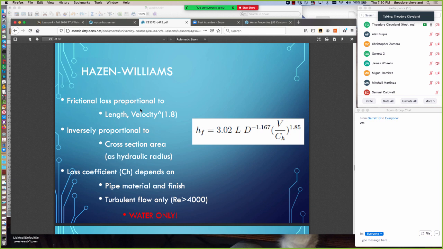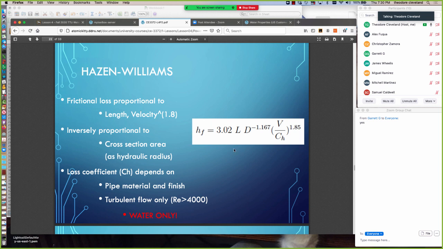I'm pretty sure I wrote it for US customary in this document. 3.02 times the length times the diameter to the minus 1.167 power times velocity over a thing called a Hazen-Williams loss coefficient, C sub h, quantity raised to the 1.85 power.